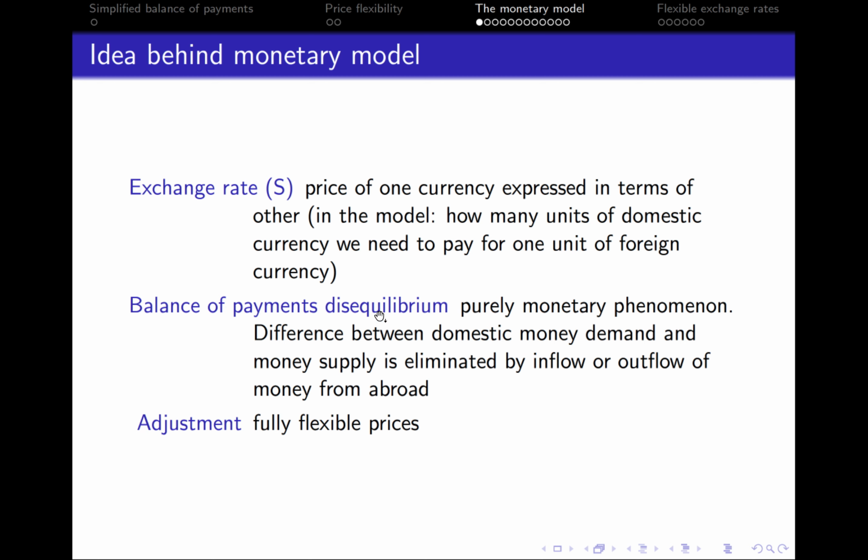So at this moment, we can already see the prism through which we should see exchange rates: the prism of the money market. And now the only thing left is that we need an adjustment mechanism. Our adjustment mechanism in this case is going to be fully flexible prices. Because of course, for now, we're going to assume that the exchange rate is simply fixed.